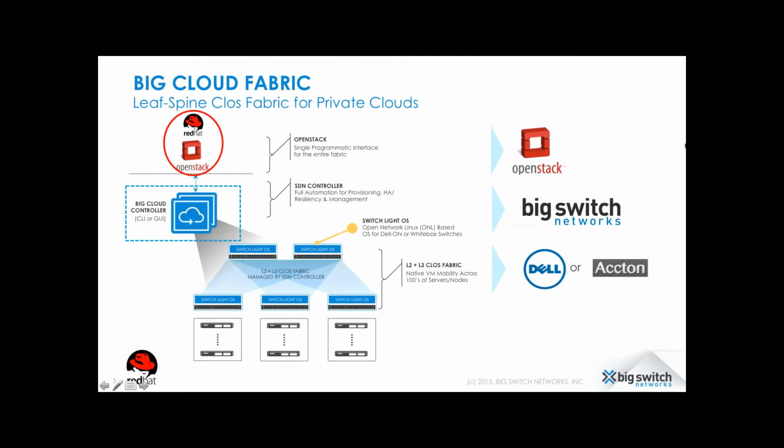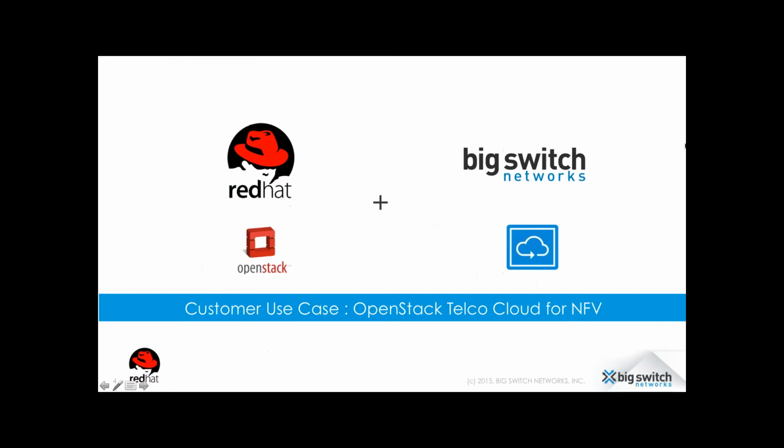Thank you, Sharon. Good morning, everyone. So today, we'll be discussing the solution that Red Hat and Big Switch have jointly collaborated on to solve a key customer use case, which is OpenStack Telco Cloud for NFV workloads. There are several unique characteristics of the joint solution that make it unique for such deployments.